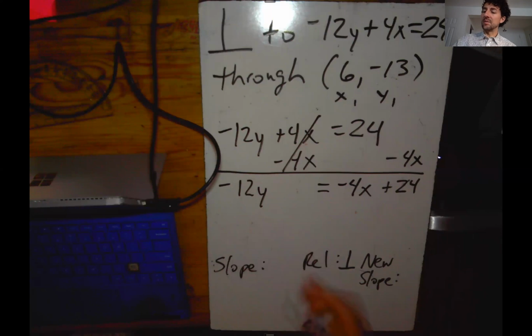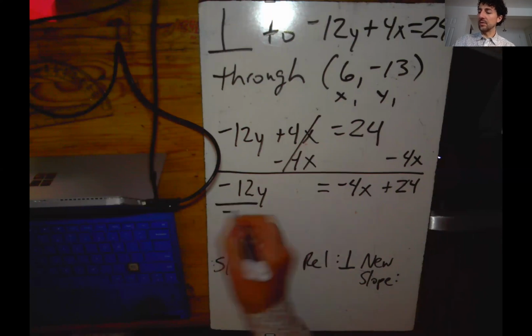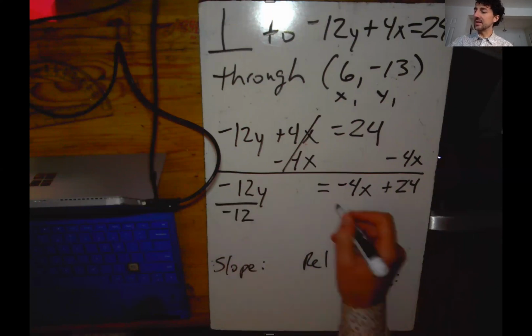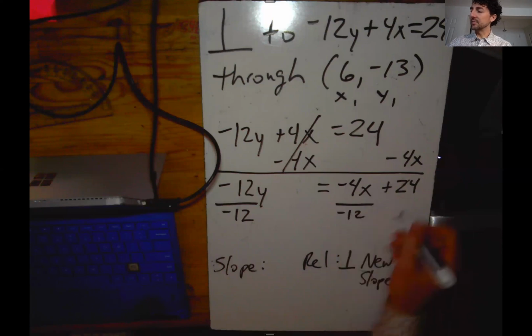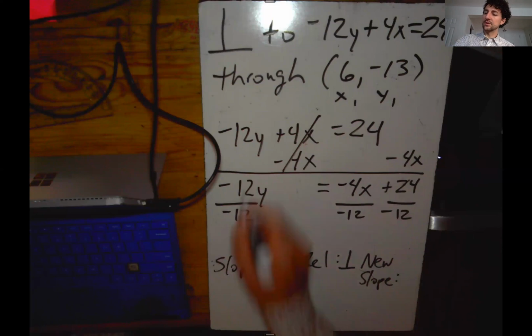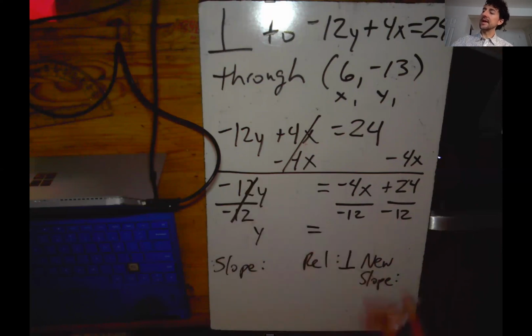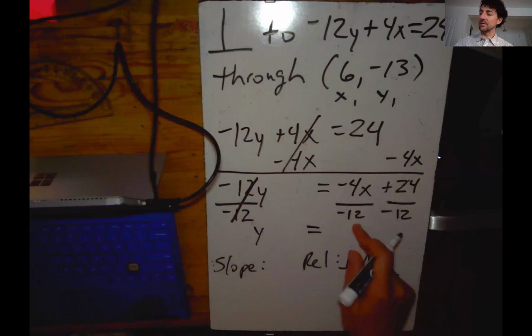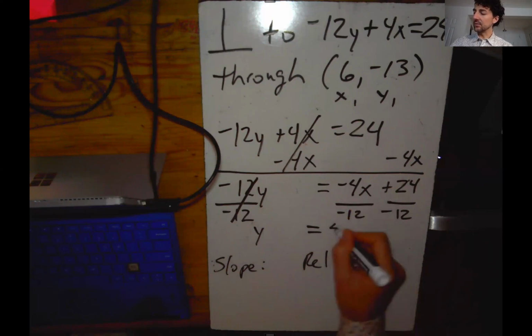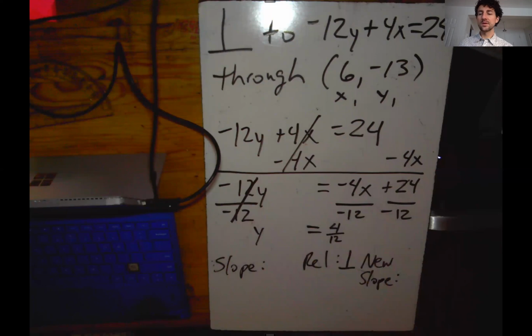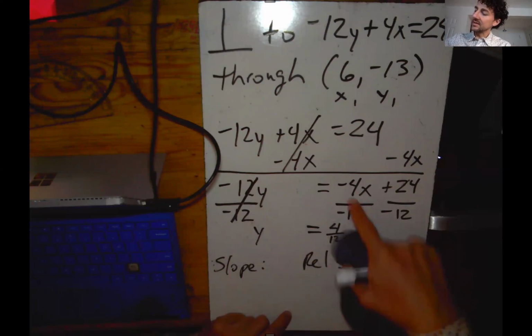We need to divide by this coefficient, negative 12. When we divide both sides, make sure that we divide every term by negative 12. So now we just have 1y, so y equals negative 4 divided by negative 12. So you could think of that as positive 4 over positive 12. Or you could simplify this.